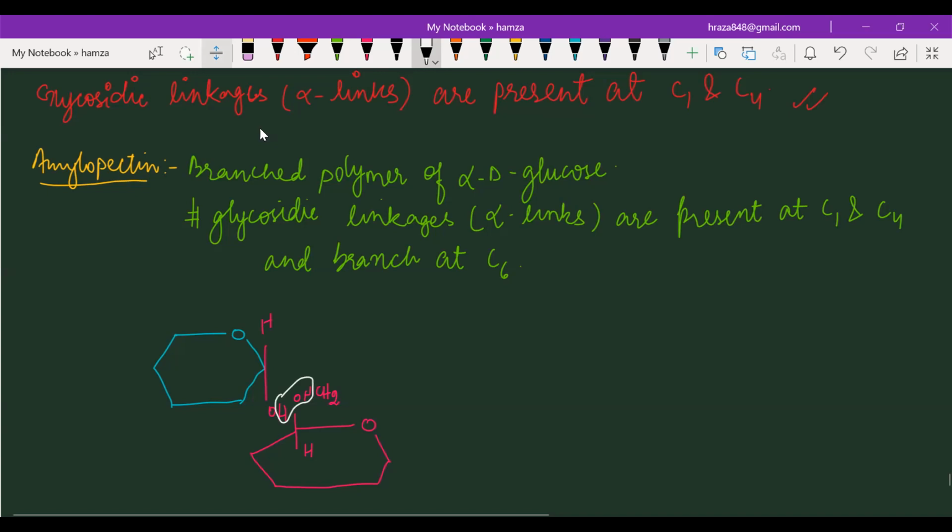After removing water, what we get here: O and a structure like this, and this O, and then again CH and O. This is basically the branch, and this is carbon number 6. So you can see branch at carbon number 6.